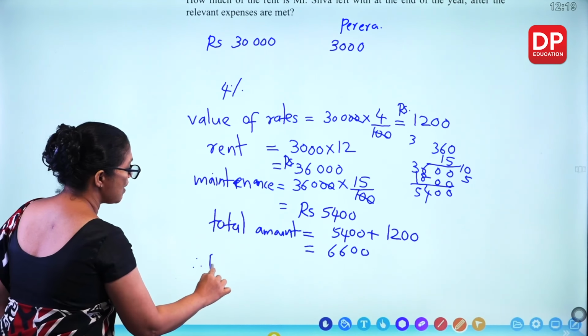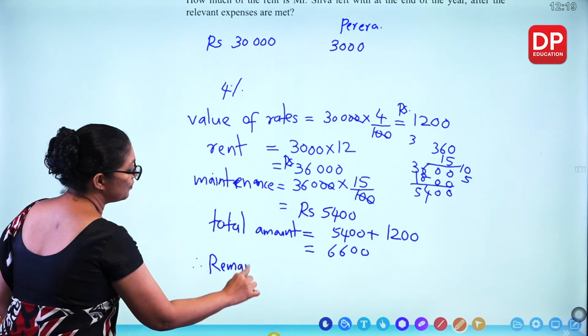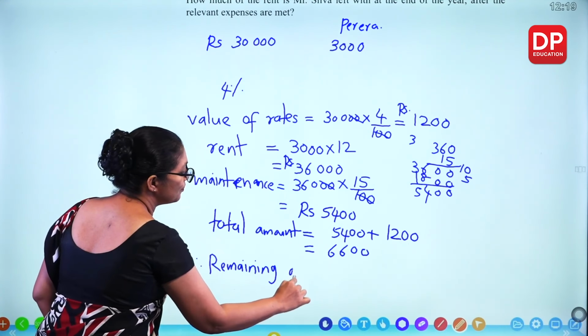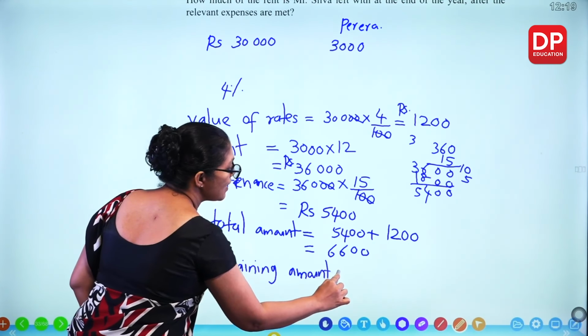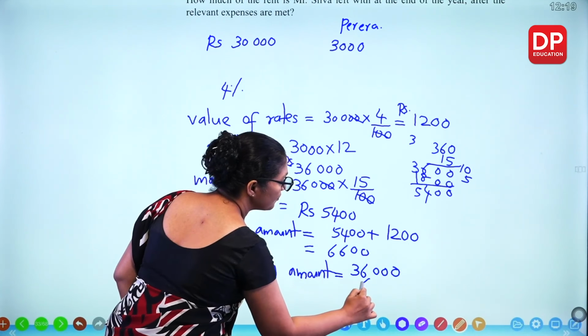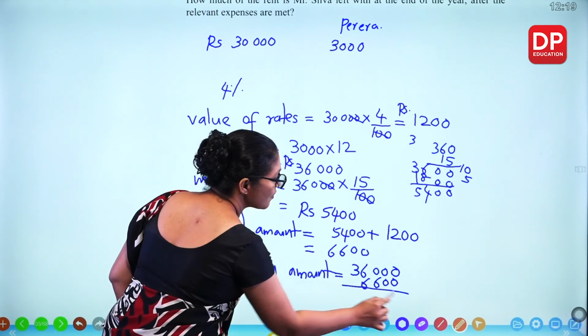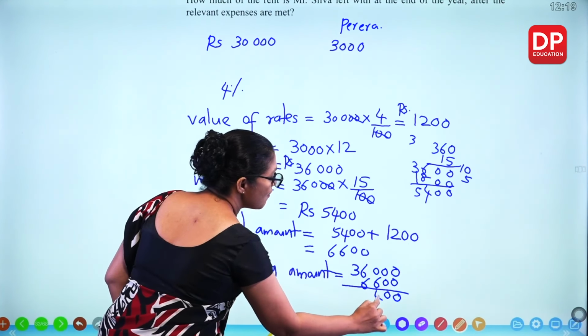So the remaining amount is you are getting 36,000, subtract 6,600. So what's the value? 29,400. So the remaining amount is 29,400.